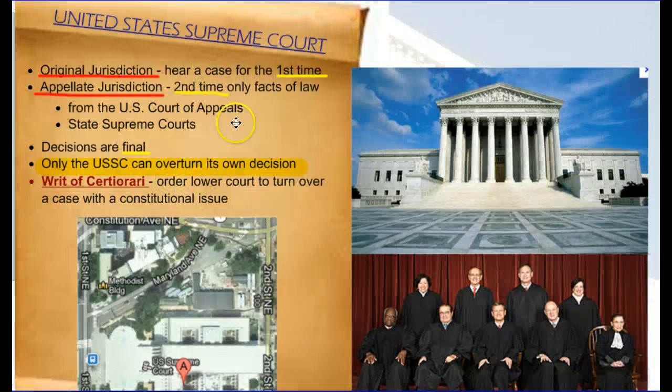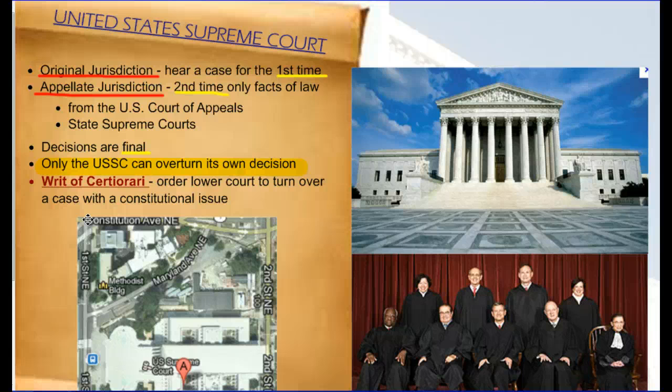And finally, our highest court, the United States Supreme Court. This is what it looks like. Here's an overhead view of where it's located. It can have original jurisdiction, which means it hears a case for the first time. However, that's only on cases that affect ambassadors or other public ministers or consuls. Mostly it focuses on its appellate jurisdiction. So it hears cases the second time around and only talks about issues of law.